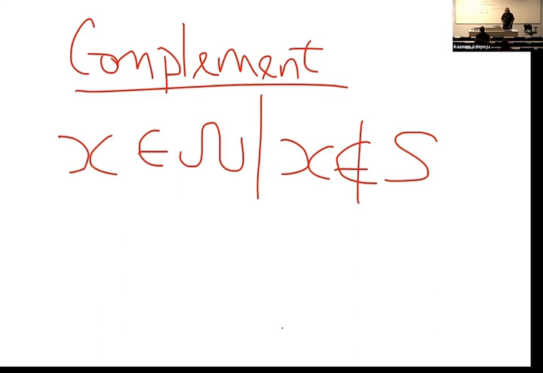Okay. So now I want to talk about the complement of a set. This is the definition mathematically. If I ask you in this class, what is the complement of a set X? I have X as a set. What is the complement of that particular set X?